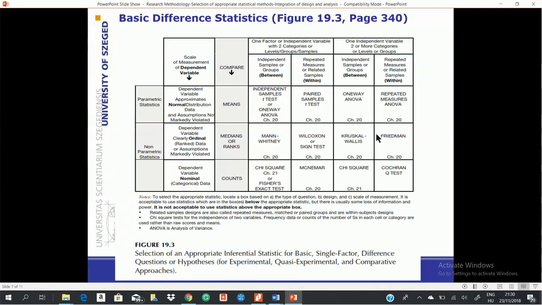For non-parametric, you can use the Kruskal-Wallis test, and for related sample, you can do the Friedman test. For nominal data, you can do chi-square, and for the related sample, you can do the Cochran Q test, and for independent sample, chi-square test.